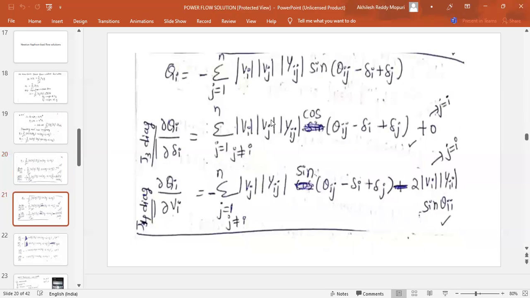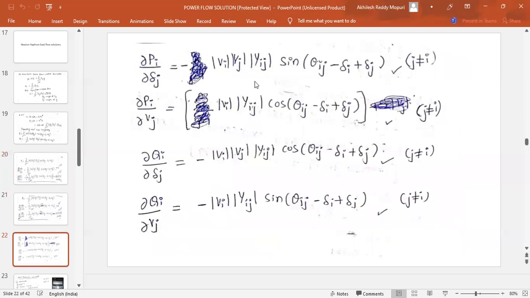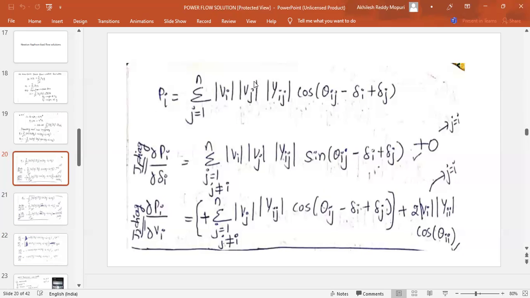Now, if you see here, we also need to check for j equal to i and j not equal to i. When j is equal to i, what will happen? Del i and minus del i cancel, so it will be 0. When j is not equal to i, when we are differentiating, remove the summation.